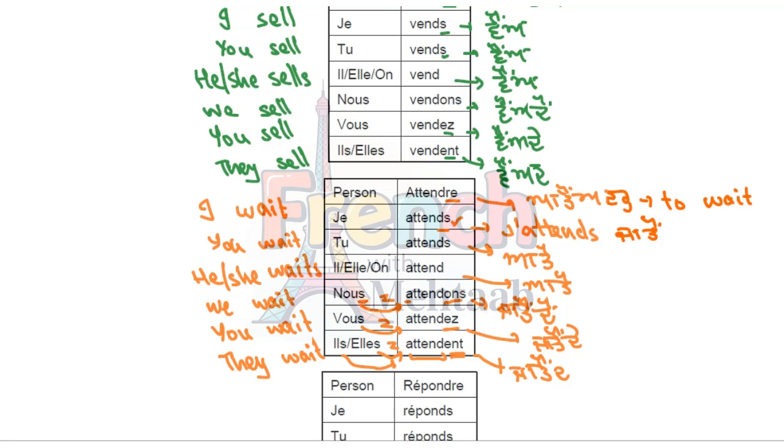So, répétez après moi. Firstly, what's the pronunciation of the verb? It's attendre. I wait is je attends, and together we would pronounce it as j'attends. You wait, tu attends. He waits, il attend.